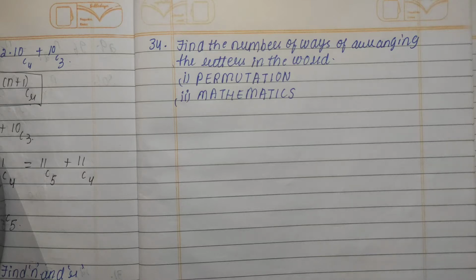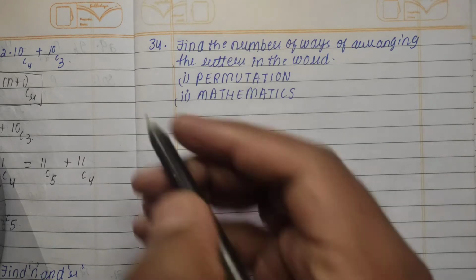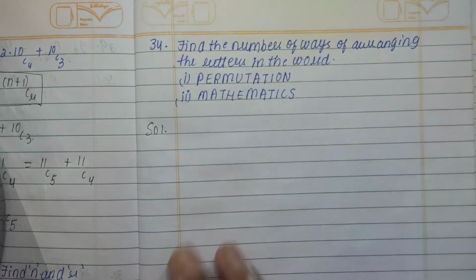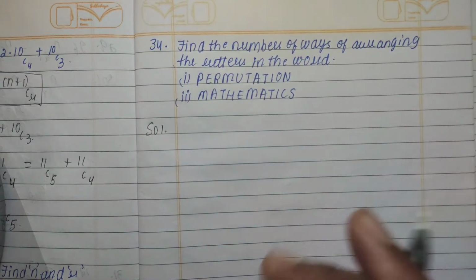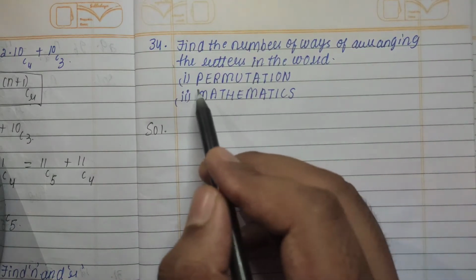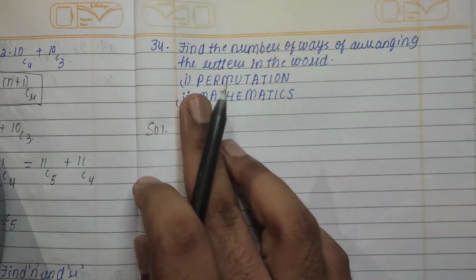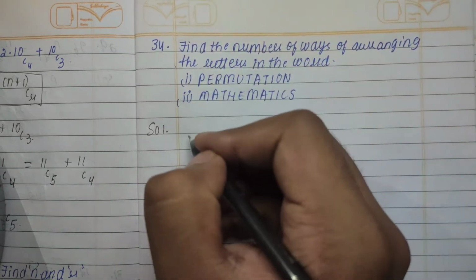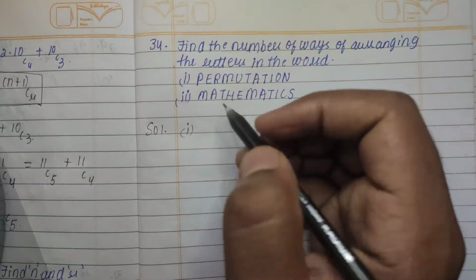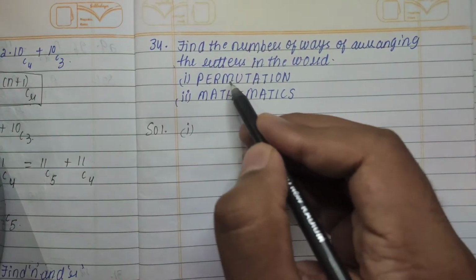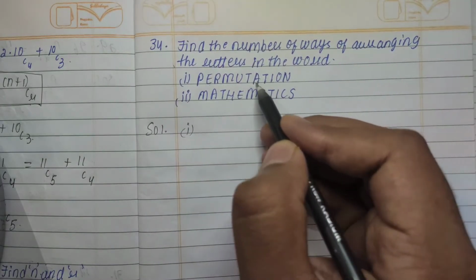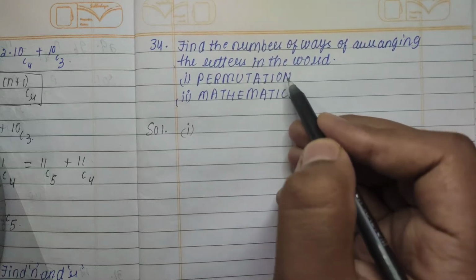Find the number of ways of arranging the letters in the words permutation and mathematics. So let's start solving. In order to find the number of ways, we have to count how many letters are there in the given word. 1, 2, 3, 4, 5, 6, 7, 8, 9, 10, 11.